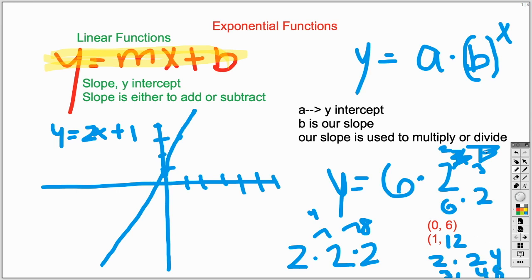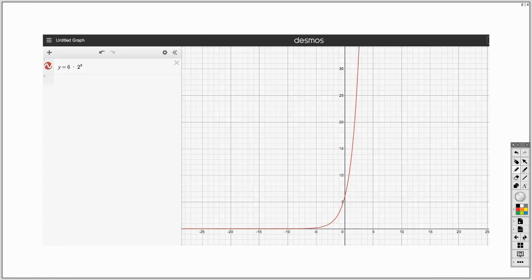So remember all that multiplying of exponents? Here, you just multiply as well. When we graph these three coordinates, instead of getting a straight line, we get something like this. I graphed it on Desmos, same equation, and it's not a straight line.